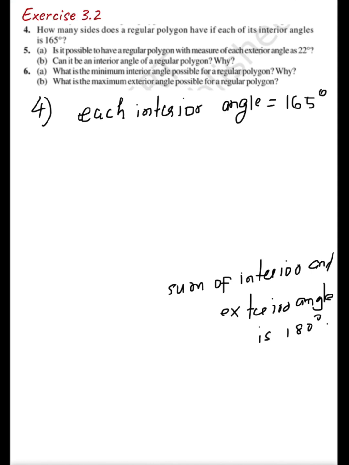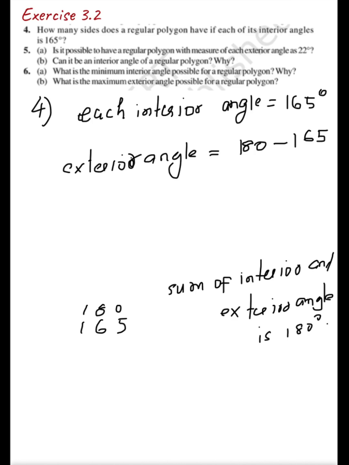Exterior angle is equal to 180 minus the interior angle, which is 165. So what is 180 minus 165? The answer is 15 degrees. The exterior angle will be equal to 15 degrees.